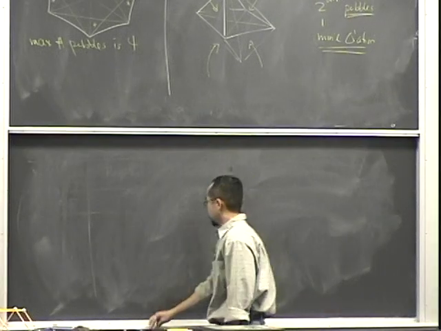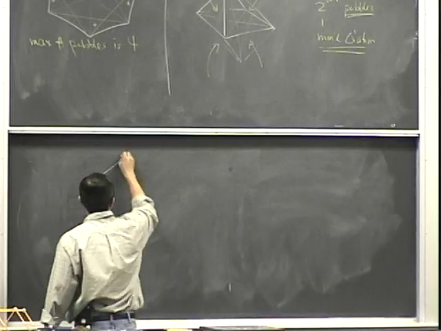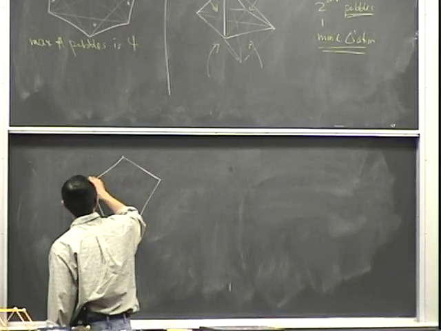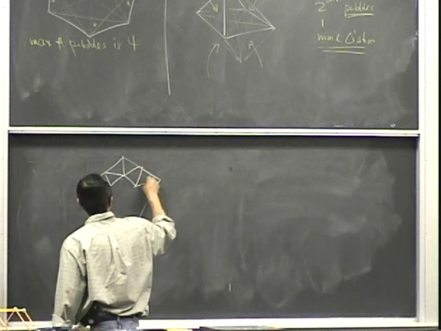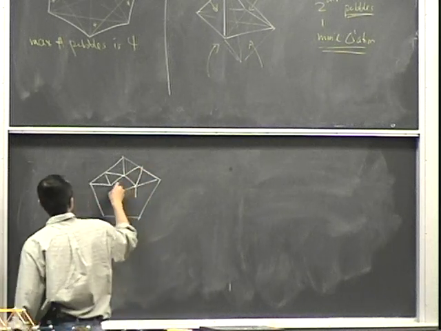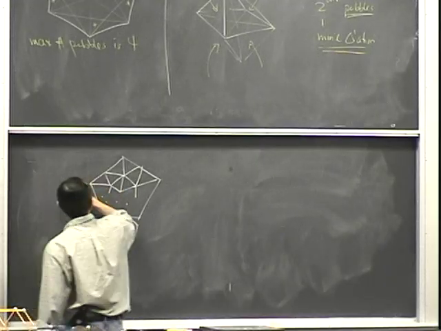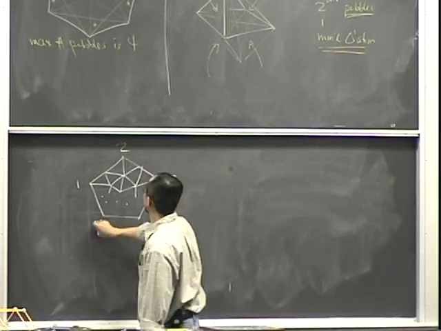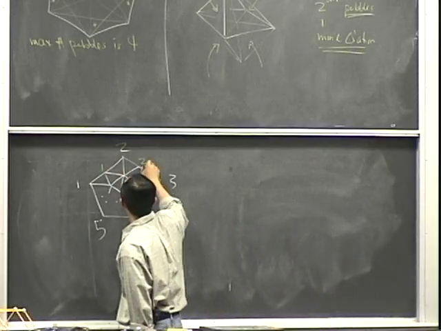So let me tell you what that is. If I had some triangulation of some polytope, and I label the vertices in some fashion.